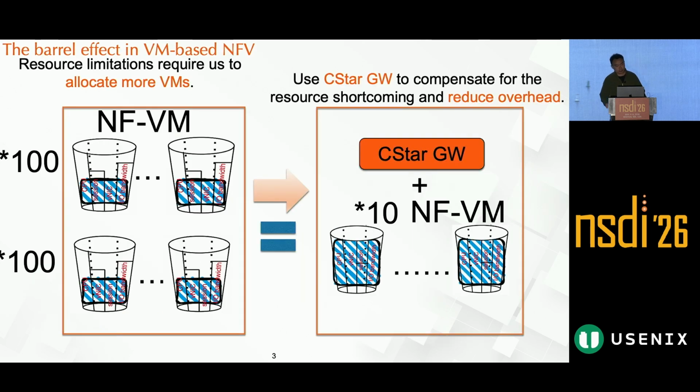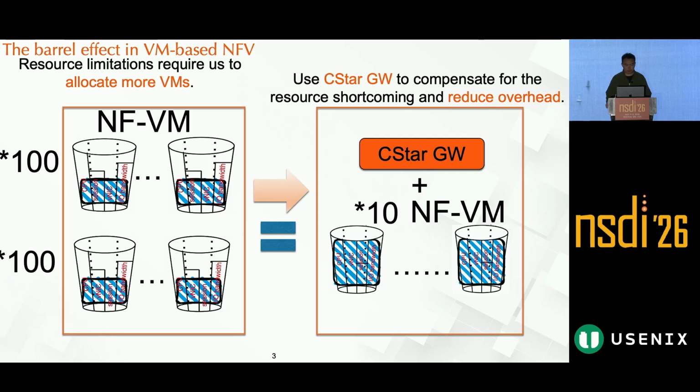We can use the barrel effect to understand this problem. Think of an NF VM as a barrel where the various resources, VNIC, session, I/O bandwidth, and the CPU, are the planks. The amount of water the barrel can hold is determined by the shortest plank.